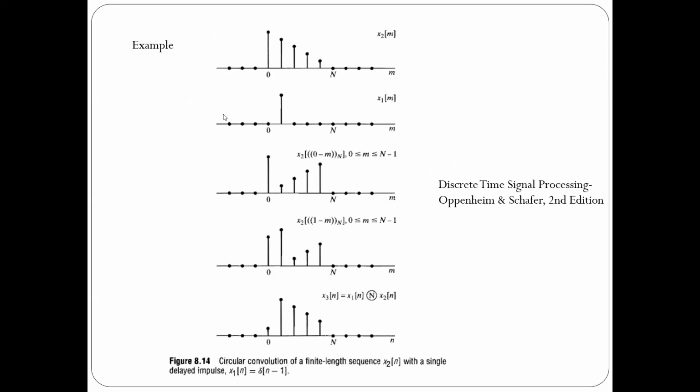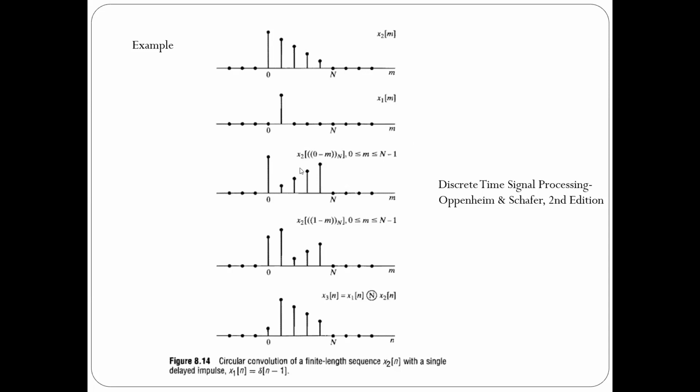This is the proof for circular convolution of the sequences. This is x2 of m, and this is x1 of m. We are attempting to find the circular convolution of x2 of n and x1 of n. What we will do is circularly reflect and shift the sequence x2 of n.